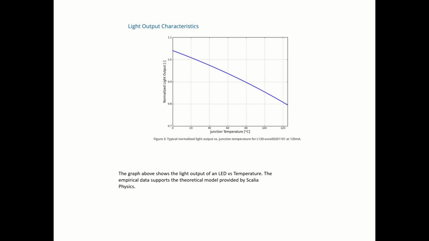So basically, the light output of an LED is based on junction temperature. As the junction temperature goes up, the light output goes down. This is all in agreement with our new physics and description and model of LEDs.